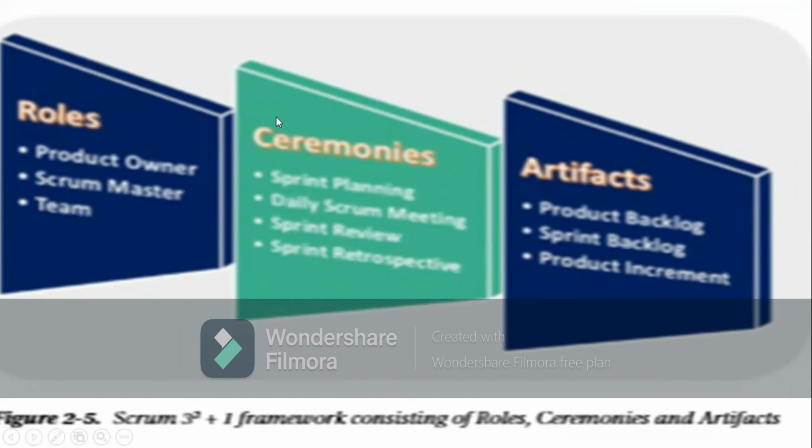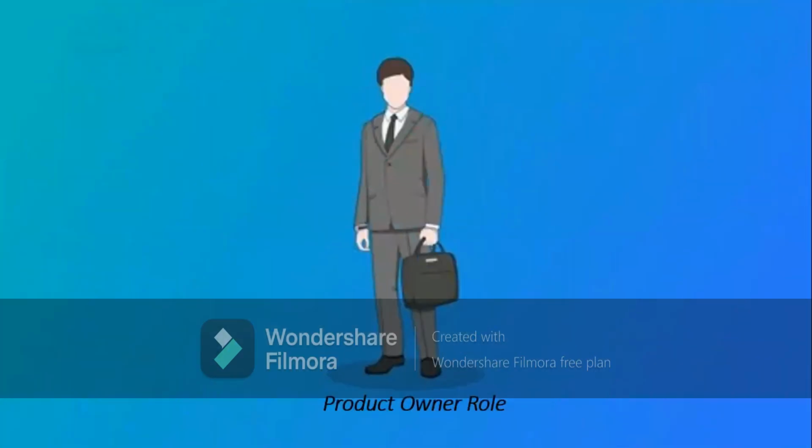The ceremonies are the sprint planning, the sprint review, the daily stand-up meeting, and the sprint retrospective. And the artifacts are the product backlog, the sprint backlog, and the product increment, which comes from the iterative and incremental development. So remember, when it comes to Scrum, who are the 3 team players? Scrum Master, product owner, team.